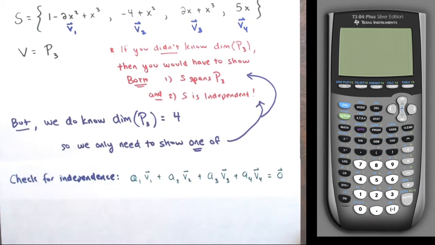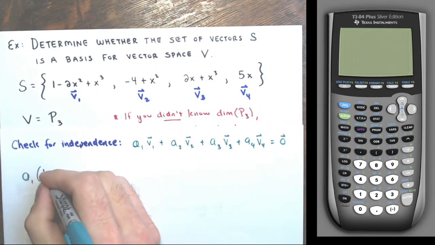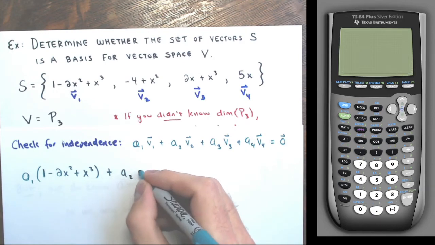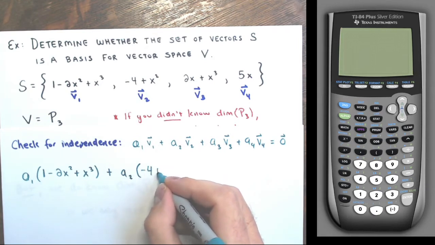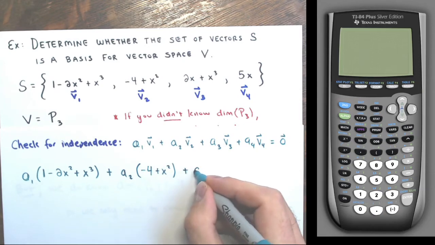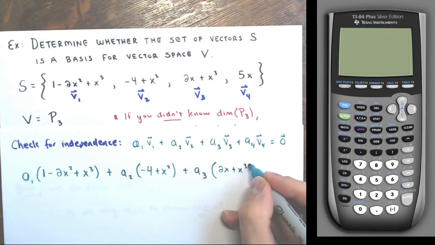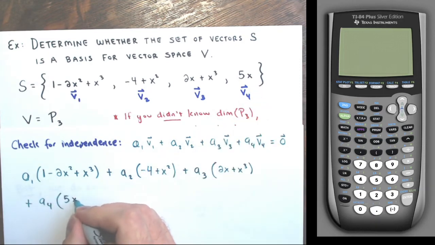So again, this equation translates to a1 times the first vector, this polynomial here, 1 minus 2x squared plus x cubed, plus a2 times the next vector, negative 4 plus x squared, plus a3 times the third vector, 2x plus x cubed, plus a4 times the fourth vector, which is just 5x. And when is this equal to the 0 vector?